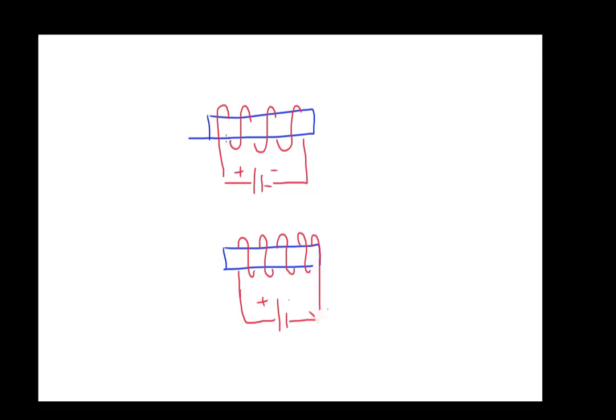Let me just erase this out here. So now our goal is to figure out which direction the magnetic field is, which side is a North Pole, which side is South Pole.